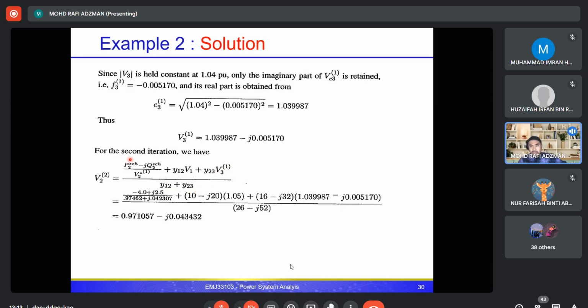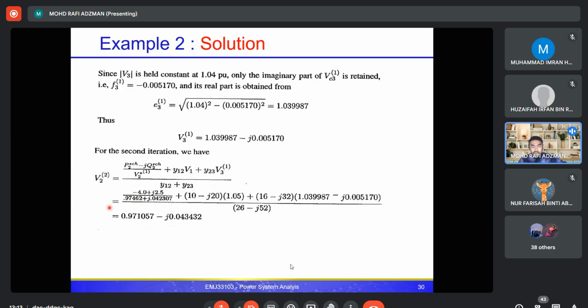So we know all the parameters here, therefore we just continue the calculation. We find that V2(2) equal to 0.971057 minus j0.043432. Okay, done for V2 for the second iteration.